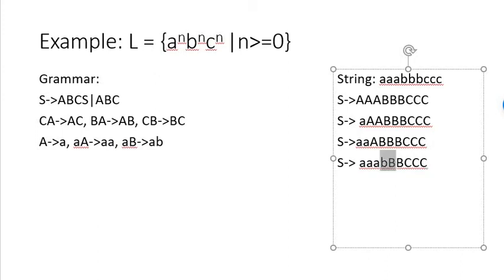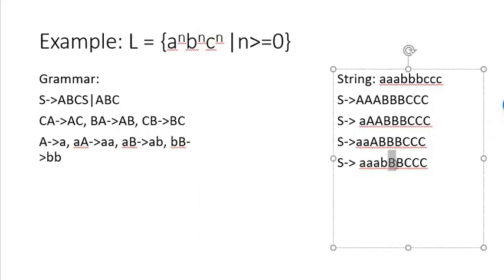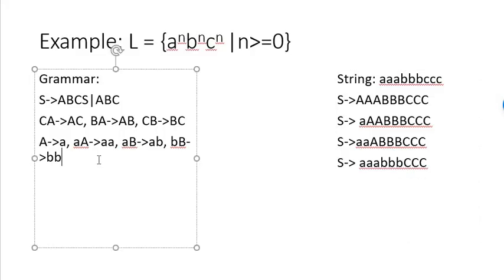Then what should we do? Small b capital B should be replaced by small b. Again small b capital B will be replaced by small b. Then small b capital C should be replaced by small c, right?